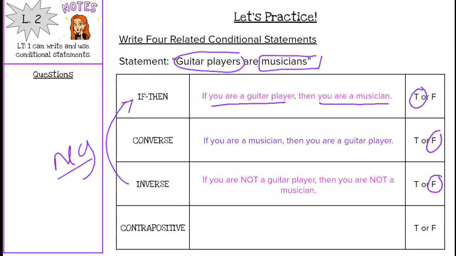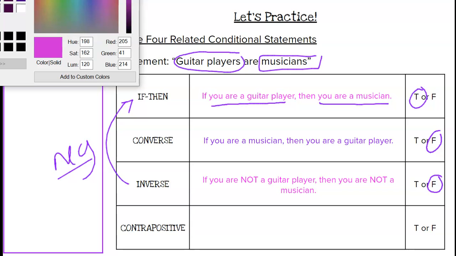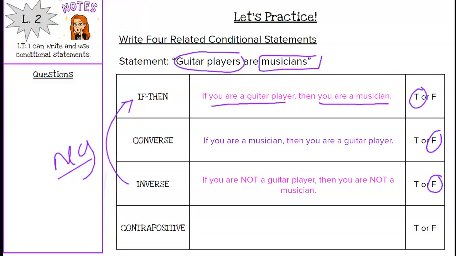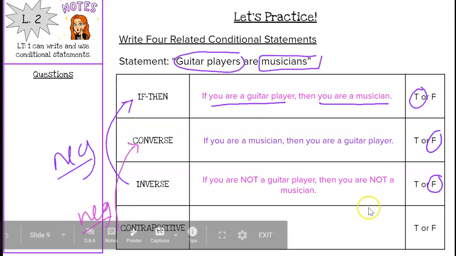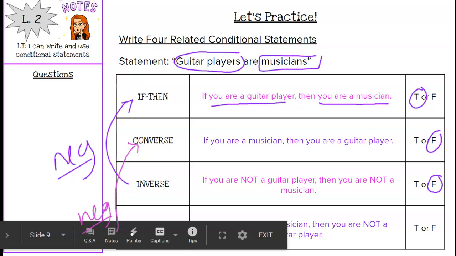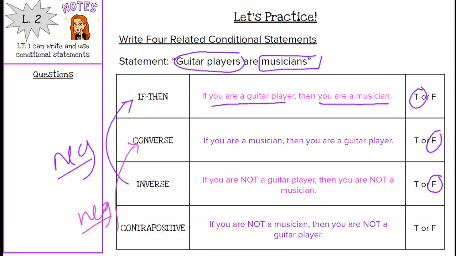And then that contrapositive, if you remember, is negating your converse. So if we take the converse and we negate that, we get the contrapositive. So the contrapositive then is if you are not a musician, then you are not a guitar player.